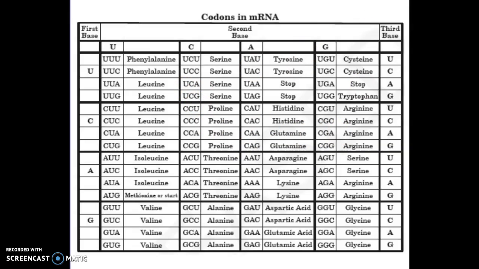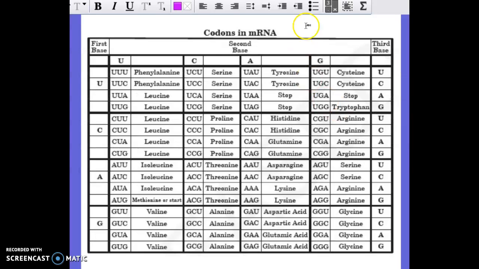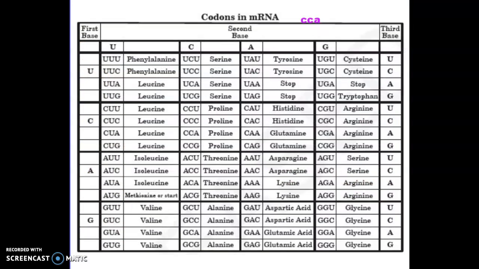So anyway, what you do is, let's say I'm trying to figure out CCA, okay? So the first letter tells you what row it's in, all right? So for example, let me see if I can do this with the highlighter for you. Okay, the first C tells me that my answer is going to be somewhere in this row right here, okay?